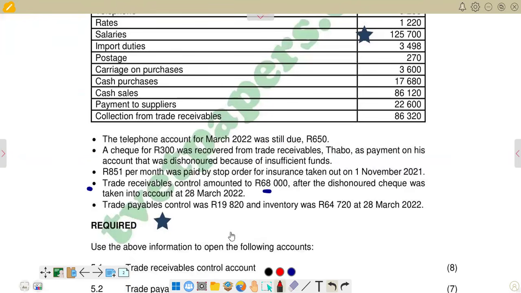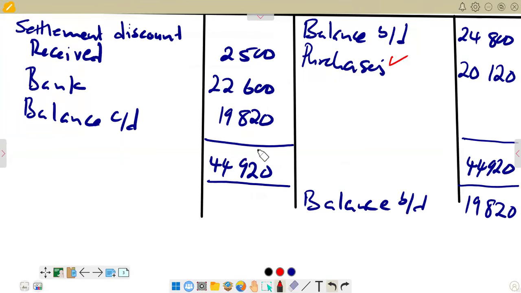If you go up there, you see that cash sales is here, 86,120. So this is the cash sales figure. We add it to the credit sales that we found in the trade receivables control.